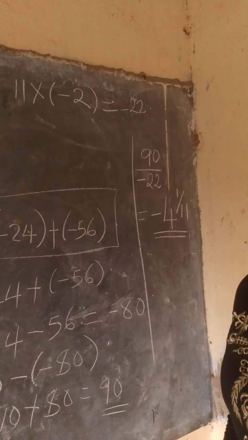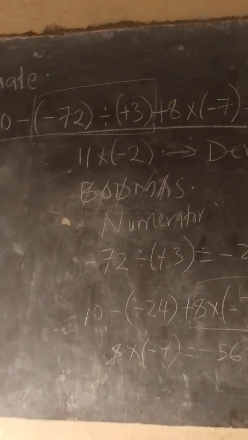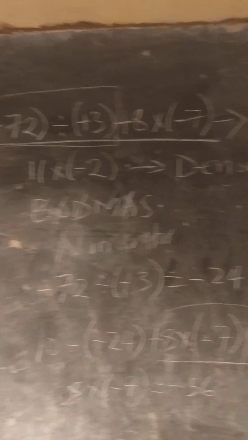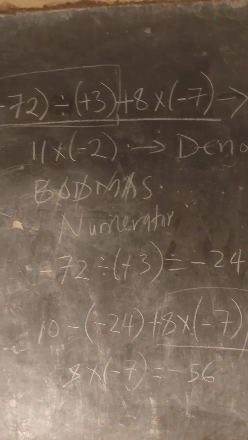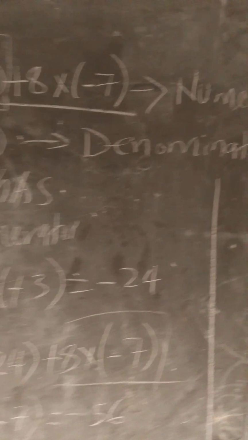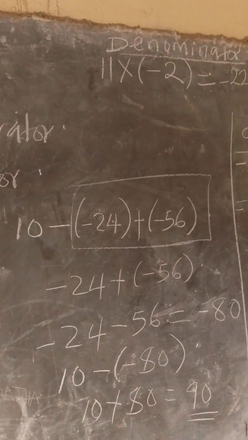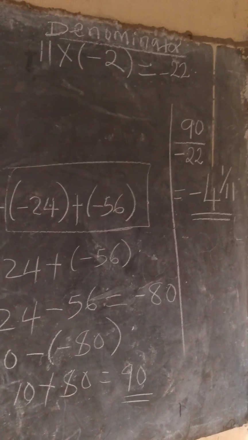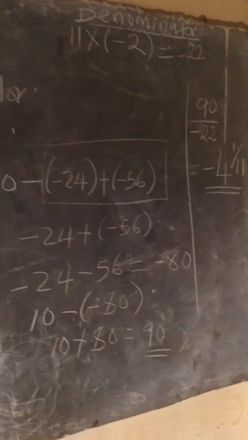You can try to show from the start of the question how the numerator was solved, how the denominator was solved, and then the final answer is changed to a mixed fraction, because it is always good to leave your answer as a mixed fraction in case it was improper.